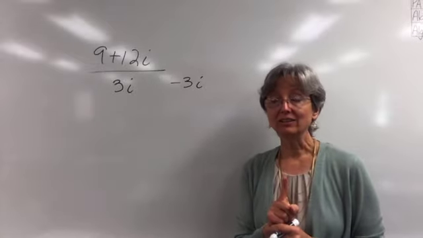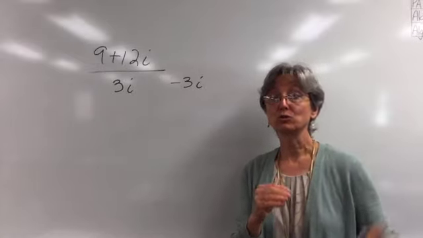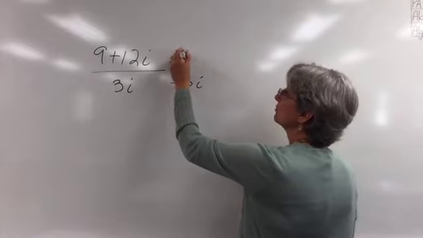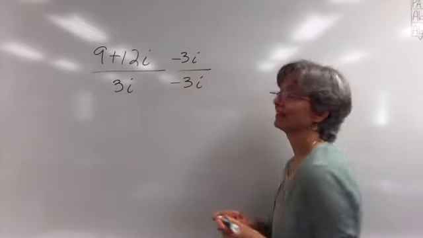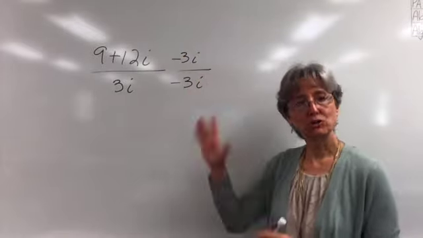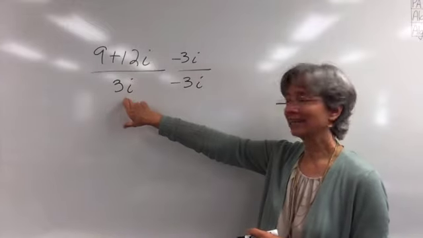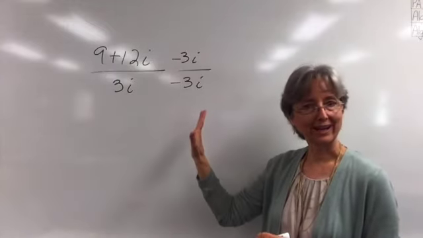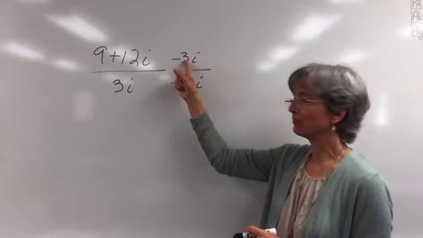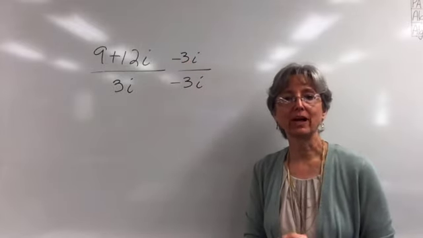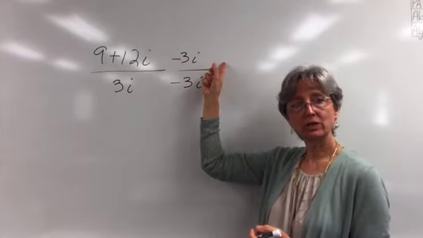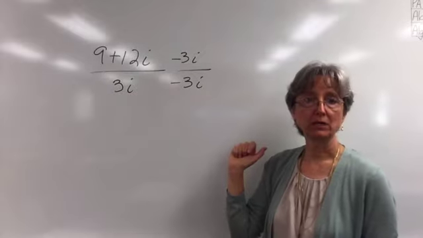And that's legal as long as I do the same thing to the numerator. I also multiply it by negative 3i. Now what I'm doing is I'm just multiplying this by 1, but it's 1 in the form of negative 3i over negative 3i. So multiply the numerator straight across and the denominator straight across.